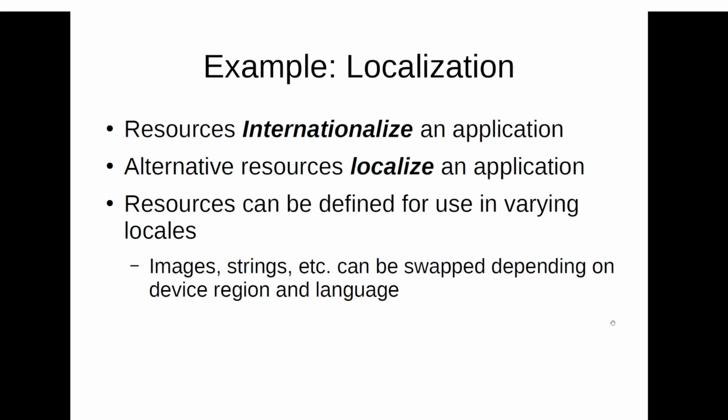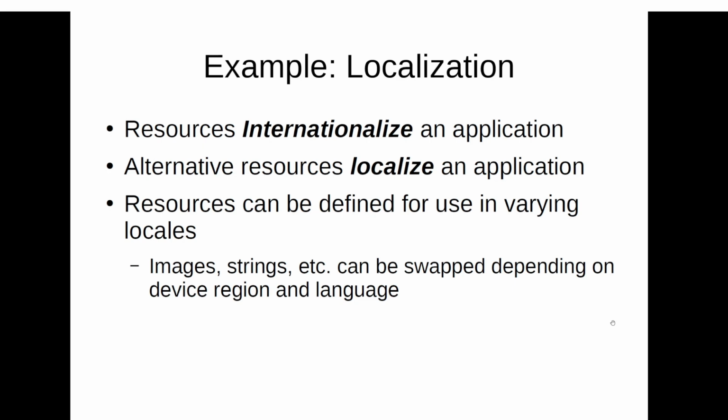Internationalization essentially means we want to remove all hard-coded values and replace those with references that will access resources. Once we have done that internationalization step, we can localize for a given region by then providing the resources for that region.